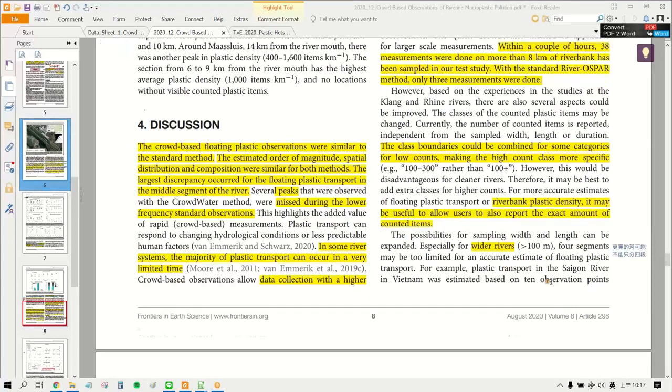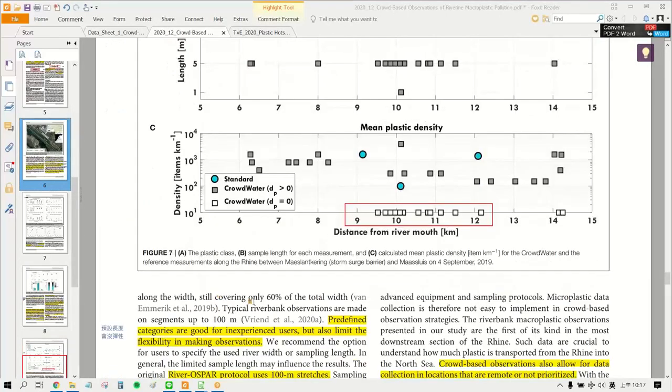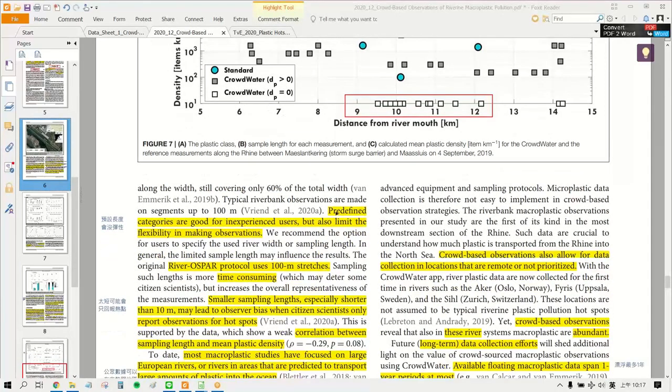They mentioned the Saigon River in Vietnam, because the river is quite big, so they separated it into, I think, 10 segments. So predefined categories are good for inexperienced users, but also limit flexibility in making observations.